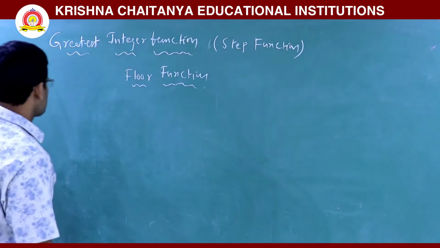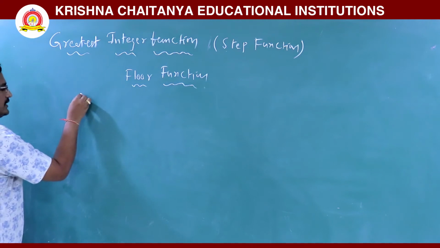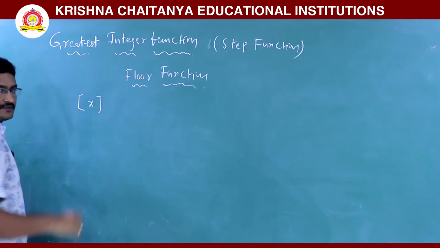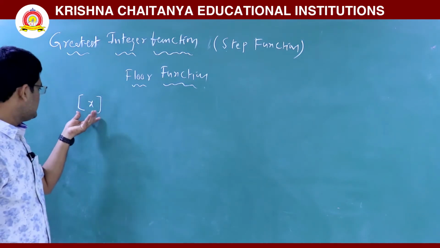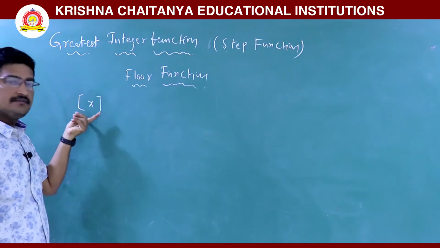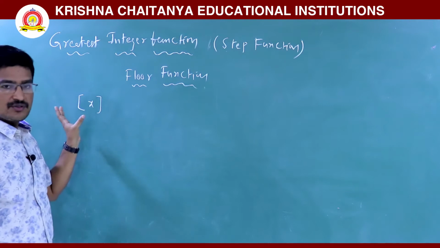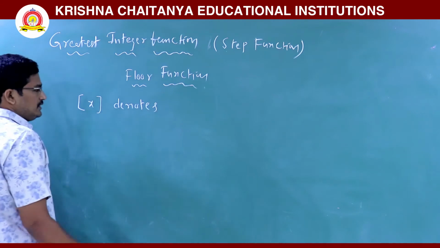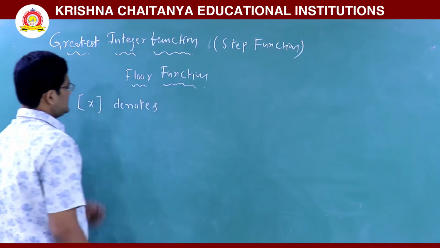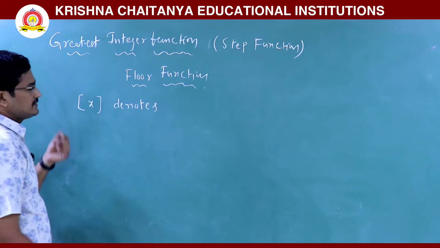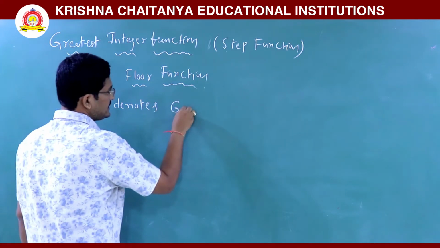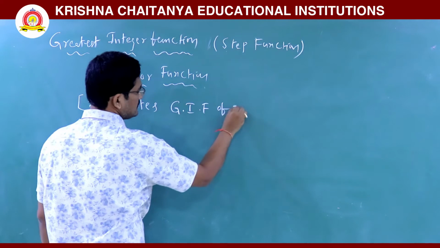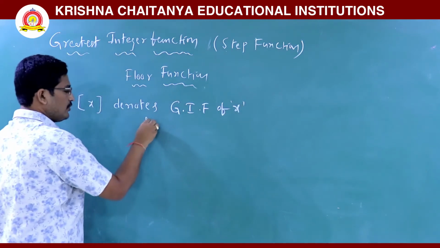See here carefully, this one we have to read as step x. X is in this shape. This one denotes the step function of x, the greatest integer function of x, or floor of x.